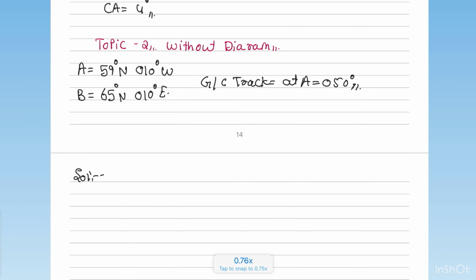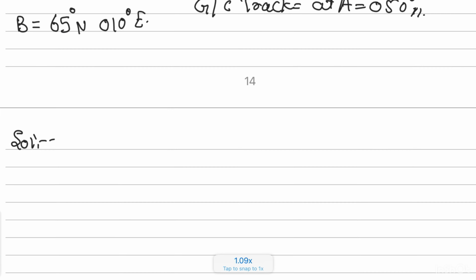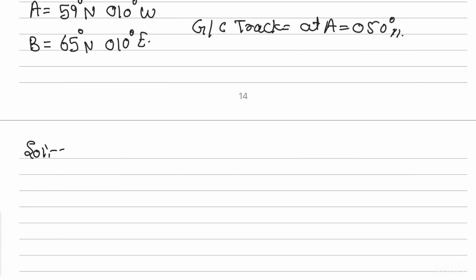Solution. First find our convergency. Sometimes the board becomes small because the question is not seen. So first we will find the convergency without any diagram. Convergency is equal to 20 into sine of 62, right? It will be 62.